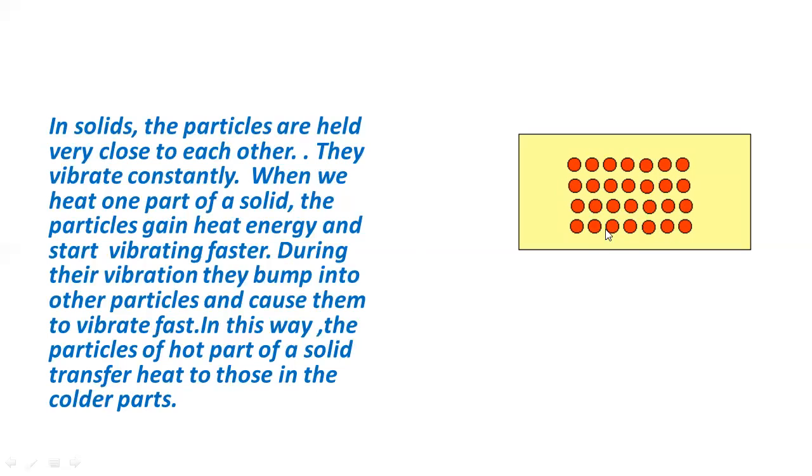So suppose the lower molecules have more heat. When they collide and strike the molecules above them, they transfer heat to those particles, and in turn the heat transfers from the higher part to the colder parts as well.